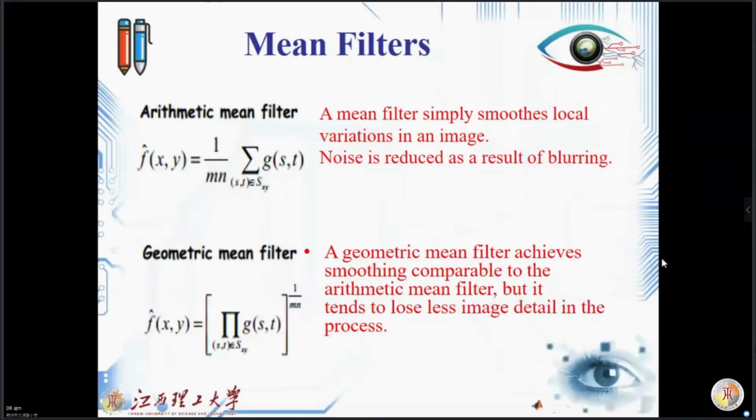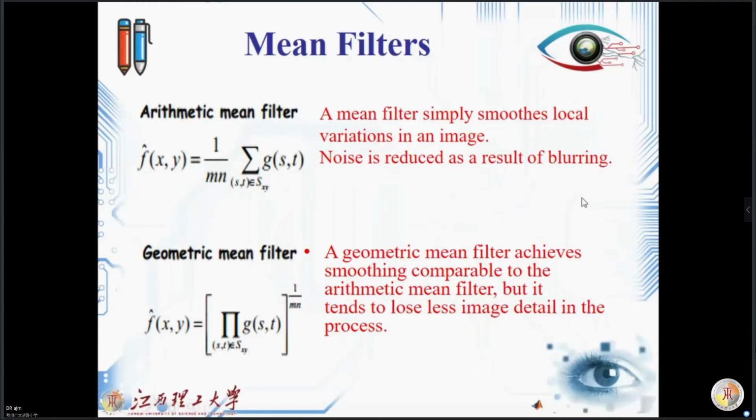One is the arithmetic one, which is the summation with the formula 1 divided by mn, and then the accumulation or summation of g(s,t). Another one is the geometric mean filter, which achieves smoothing comparable to the arithmetic mean filter, but it tends to lose less image detail in the process.